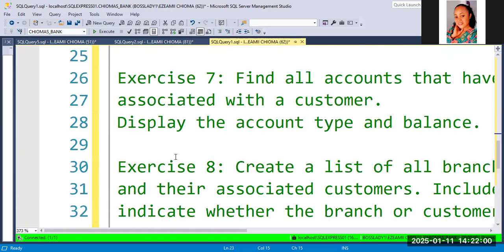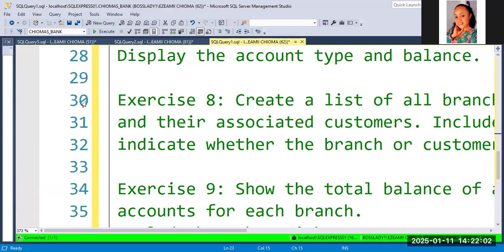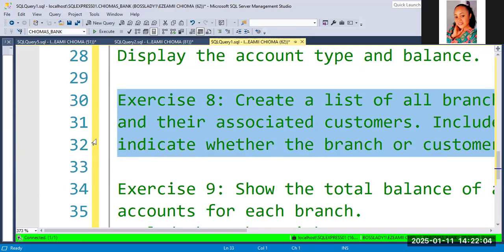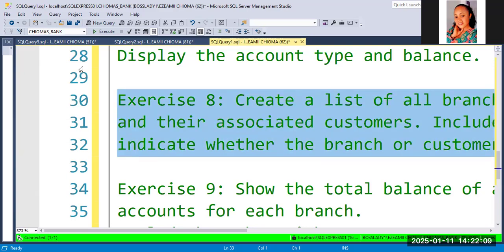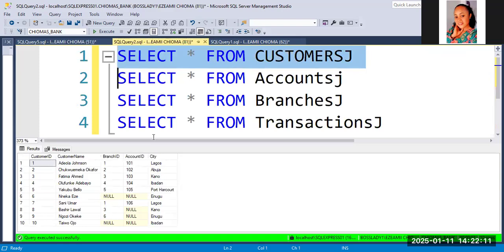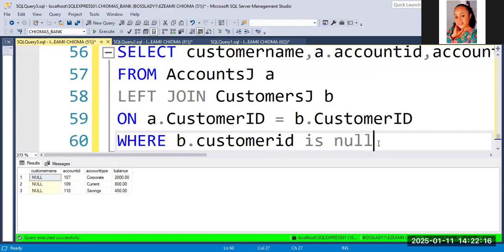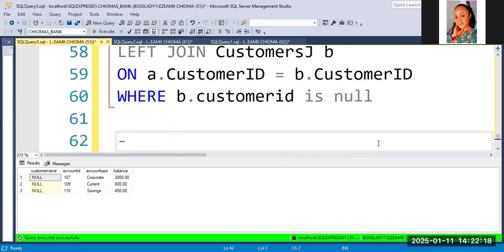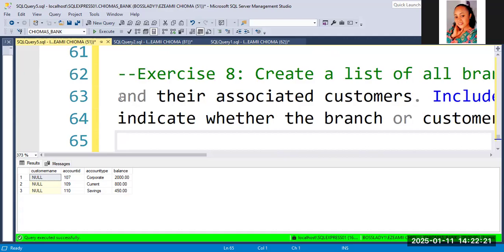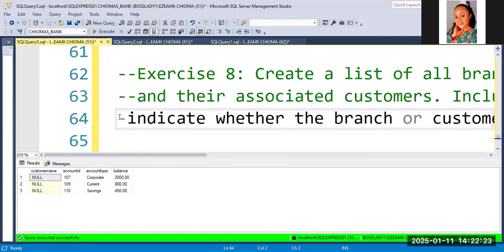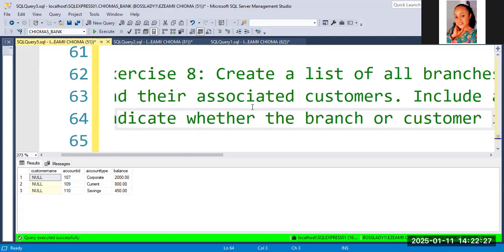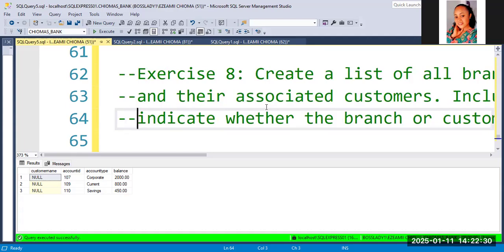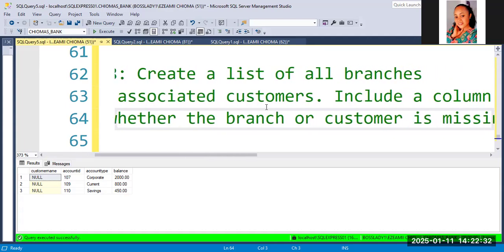So this takes us to question number 8. Question number 8 says, create a list of all branches and their associated customers.